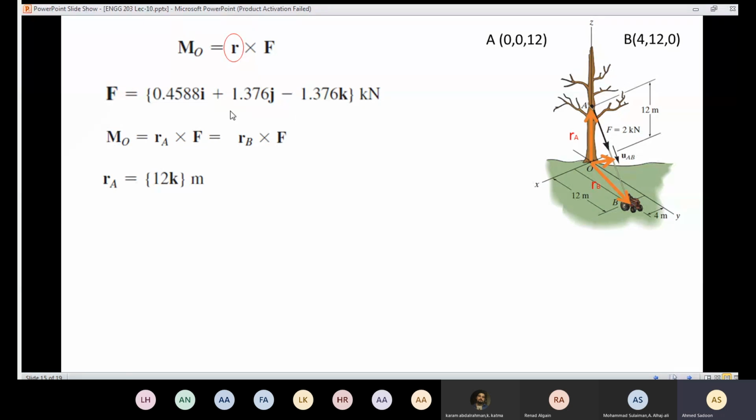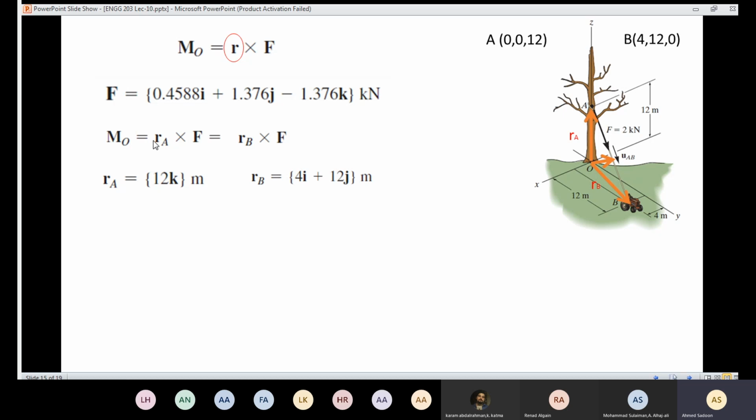And if I want to calculate RB, since it is the position vector between the origin and B, then RB is going to be 4i plus 12j plus 0k. Since this one is 0, I'm going to say that RB equals 4i plus 12j.